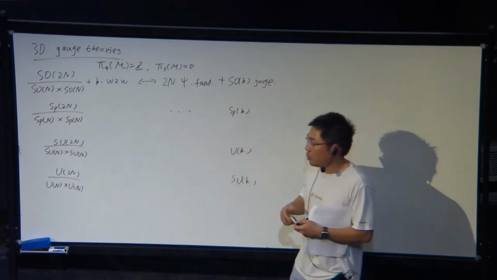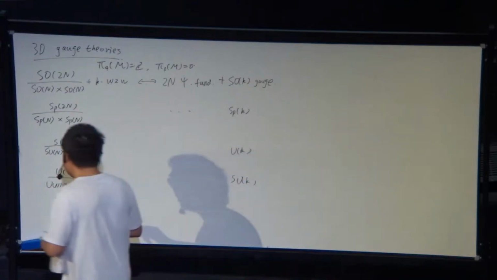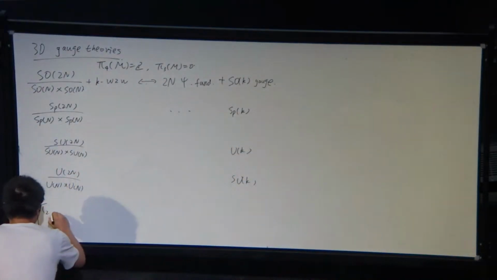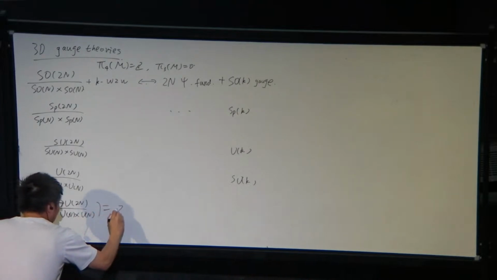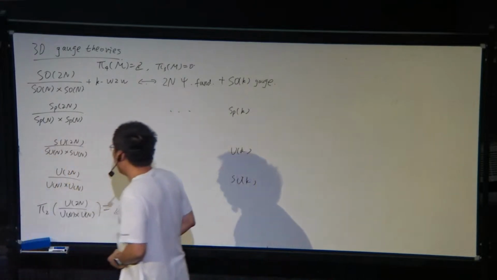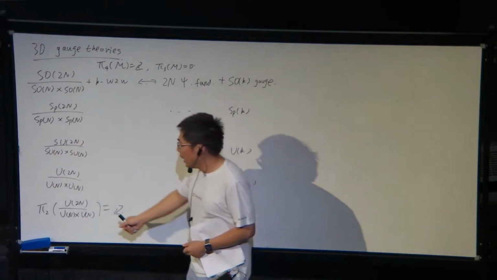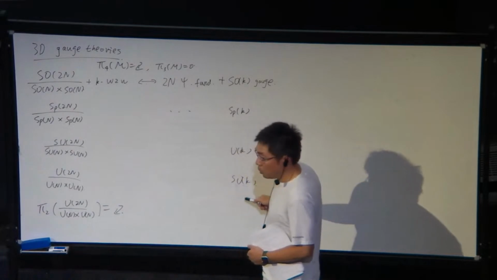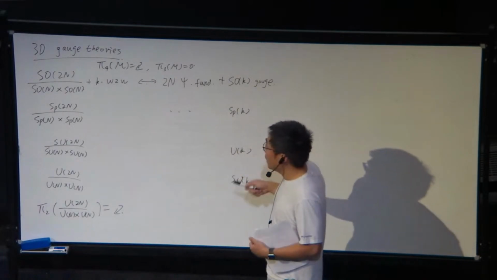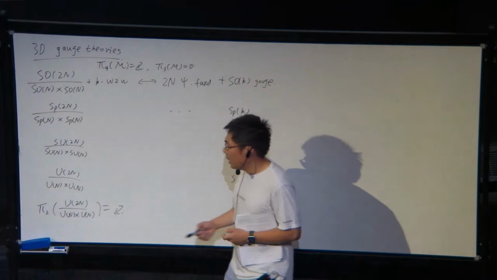That is a topological U1, because this Grassmannian has a non-trivial pi 2. So then you can define a topological U1 symmetry, and this topological U1 symmetry turns out to be just the U1 phase rotation of this gauge theory.